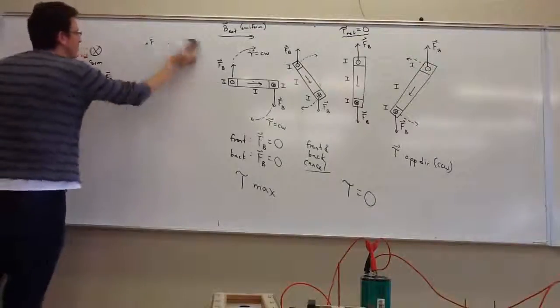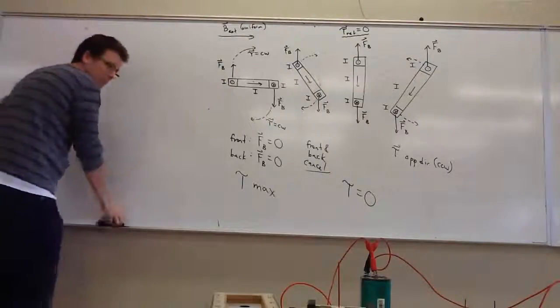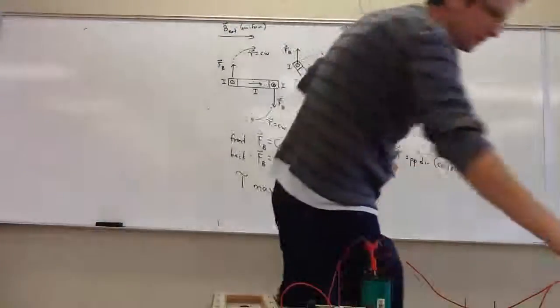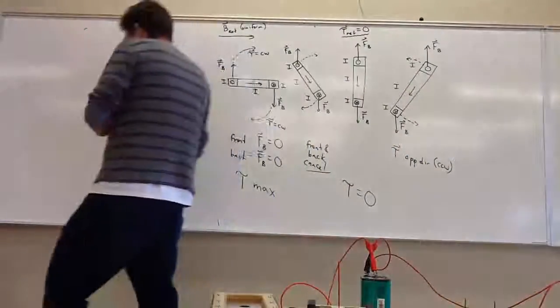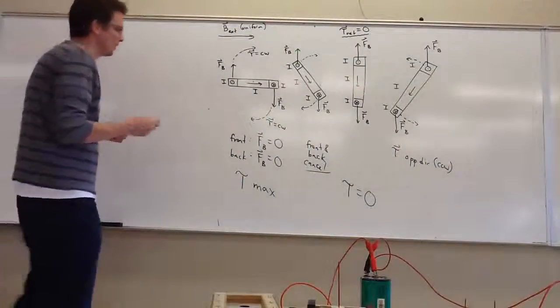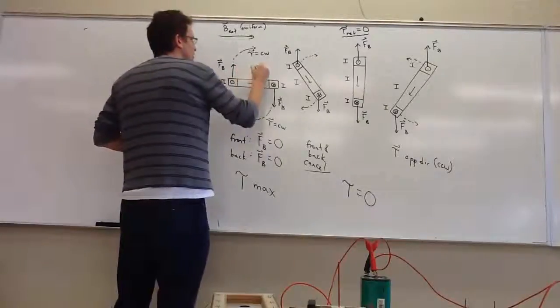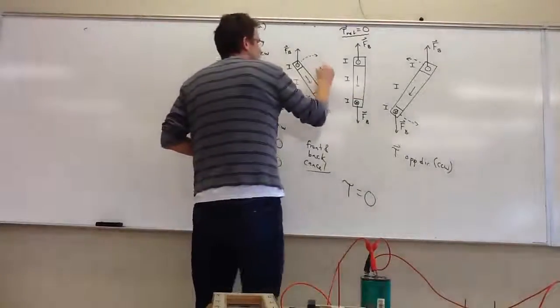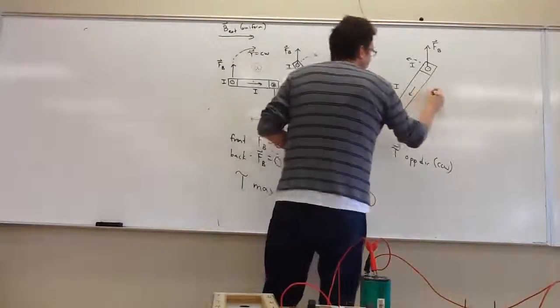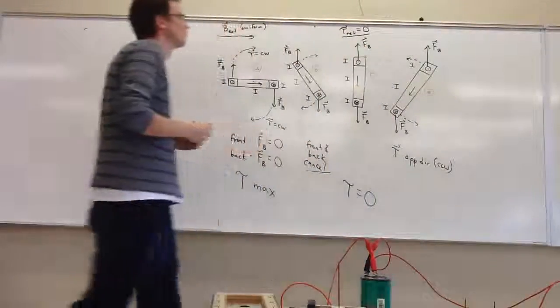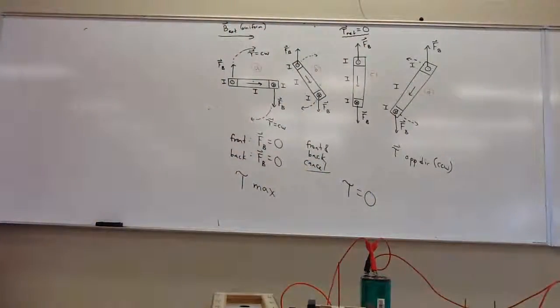Let me do a comparison, play by play. So I guess I'll label this orientation A, B, C, and D, so that I can draw the corresponding pendulum positions.